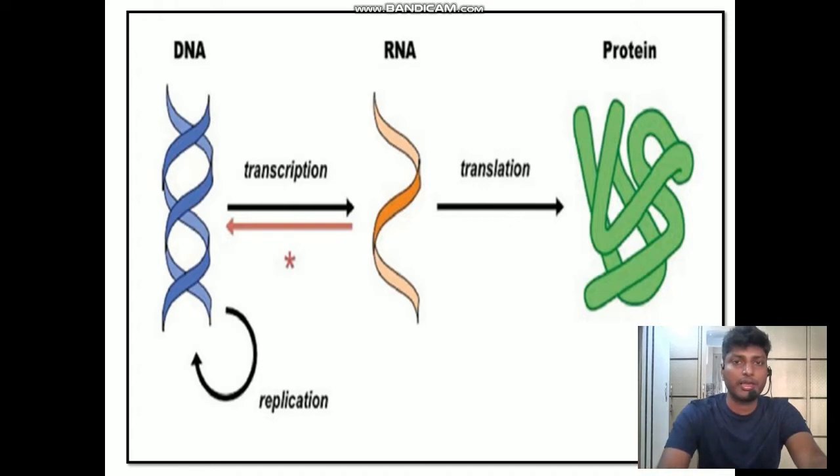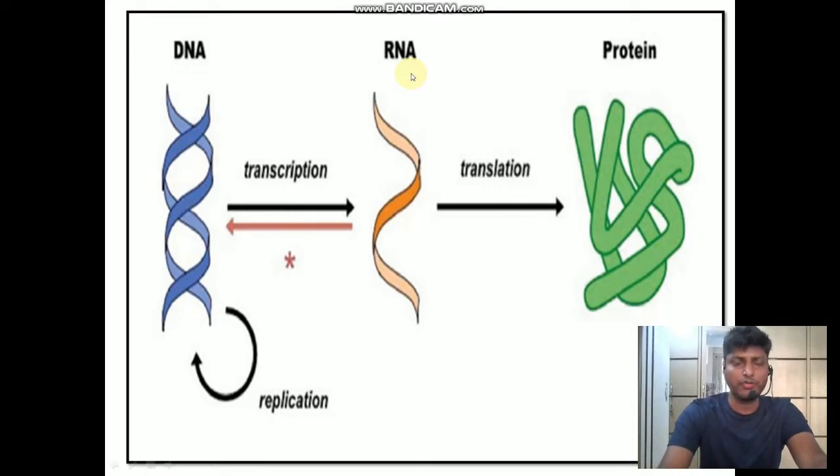I will be trying to make a video on transcription also. And the RNA helps in the formation of protein, and this is by the process of translation. So this is also a different process, dear students. So when the DNA helps in the formation of RNA, and from RNA what ultimately is formed is proteins, this can be considered as a heterocatalytic function of DNA.